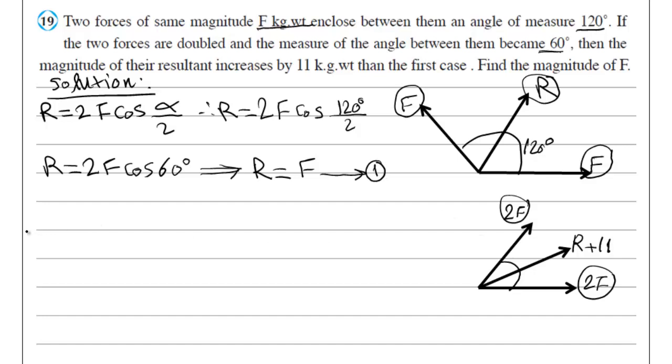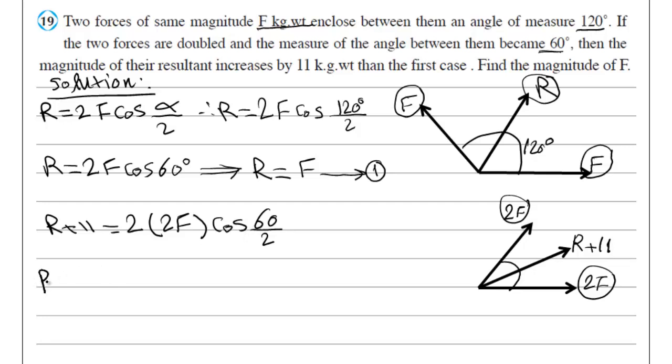Second case, R plus 11 equals 2 multiply 2F. It is the magnitude of the force in this case, cosine 60 over 2. And we complete simplify.